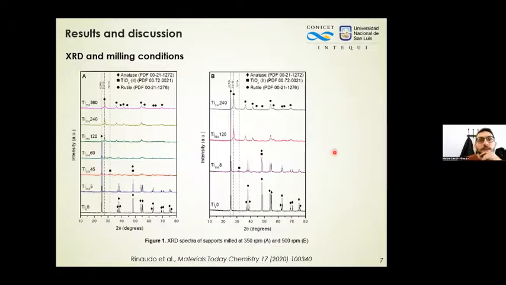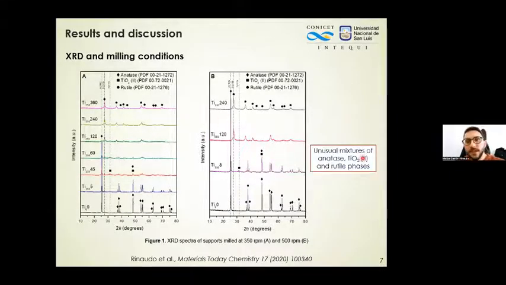With the results we obtained, we performed X-ray diffraction to get insight into the crystalline structure of the materials. We started from the anatase phase, passing through the different polymorphs to obtain a final rutile phase, which is the thermodynamically more stable form of titanium oxide.